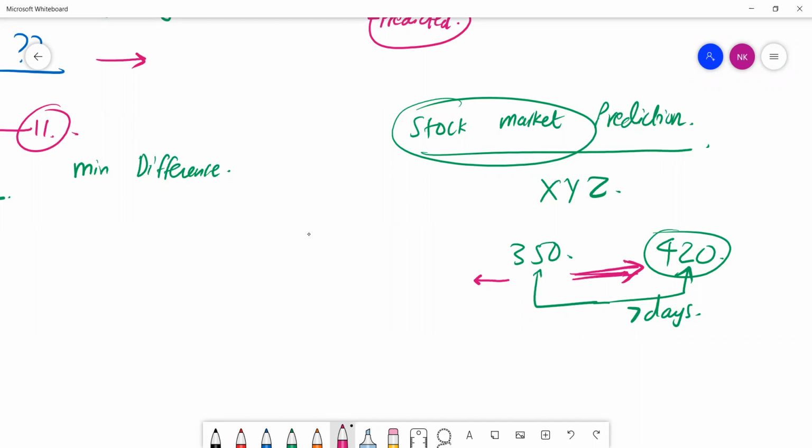Then what is the intention over here? The intention is to get the profit. Why do people invest in the stock market? To get the profit. That is the clear intention of everybody. None of the people will be investing in the stock market to lose money.